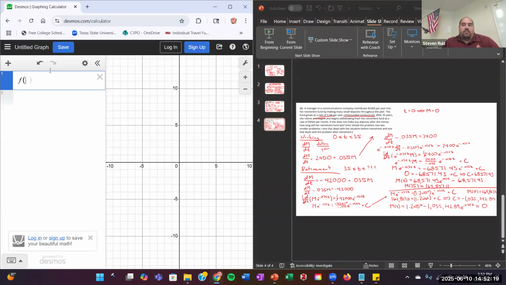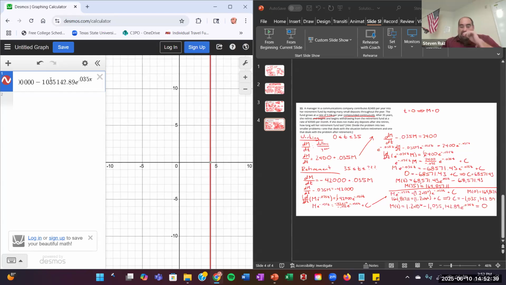So what is our equation? 1.2 million minus 1,035,142.89 times e raised to the 0.035x.